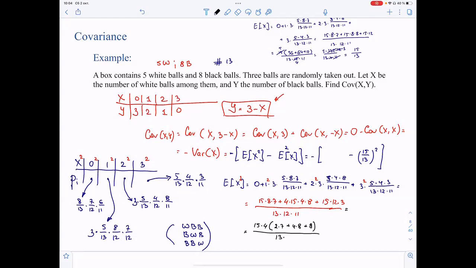And here I have this get me 5, and that gets rid of. And then I have 5 times 14 plus 32 plus 9. This is 46 plus 9.